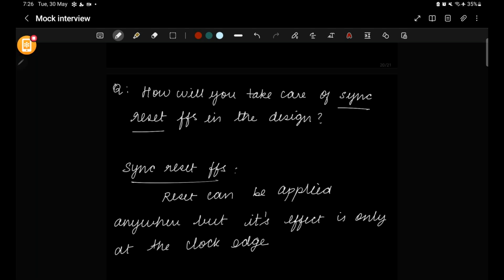Synchronous reset flop means reset can be applied anywhere, but its effect is only at the clock edge. So this is what a synchronous reset flop is. Reset can be applied anywhere, but its effect is only at the clock edge.